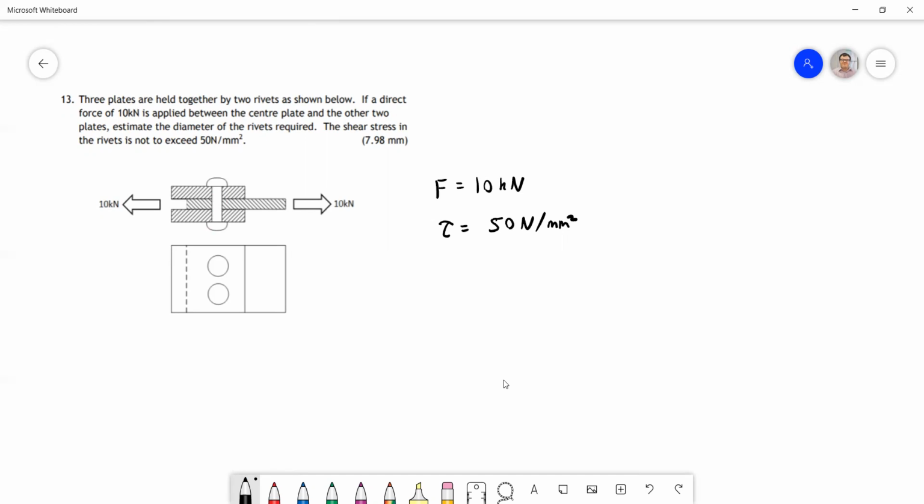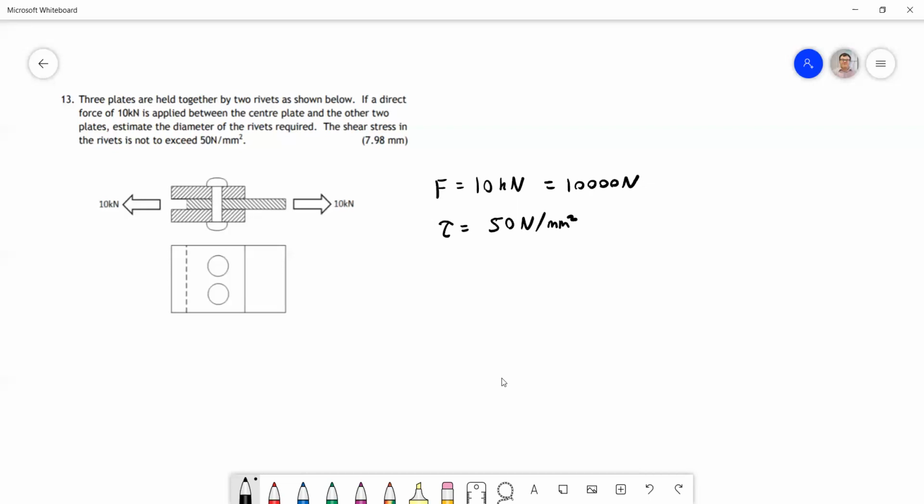Before we do this calculation, we need to make sure we're working in consistent units. So we'll change our 10 kilonewton force to 10,000 newtons. There's no problem working in millimeters. We have no other quantities given to us, so we can leave tau, our shear stress, as 50 newtons per millimeter squared.